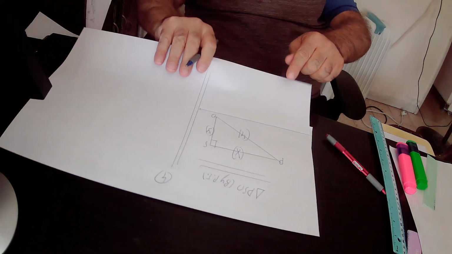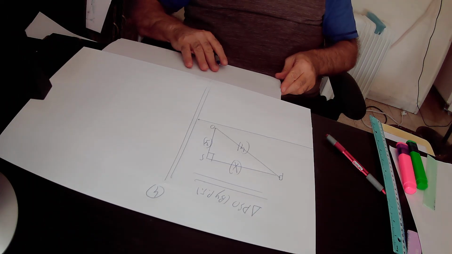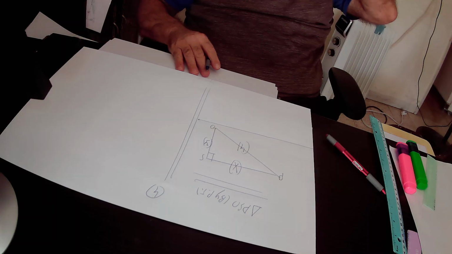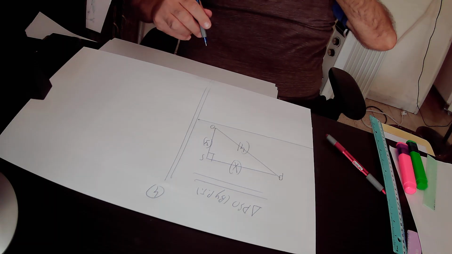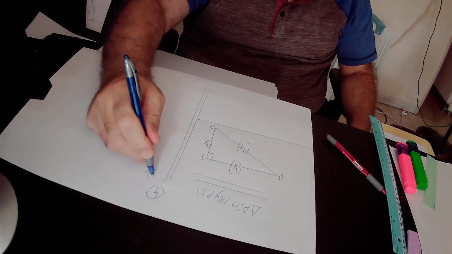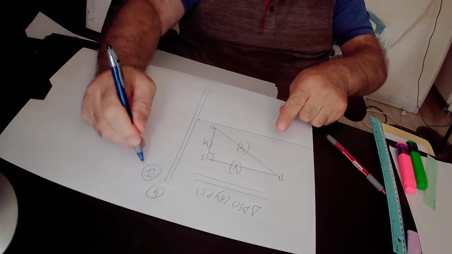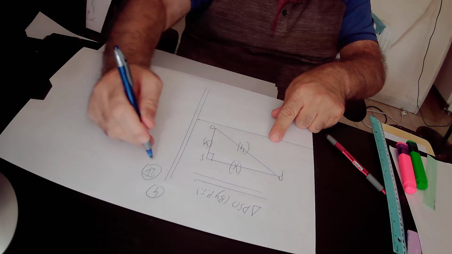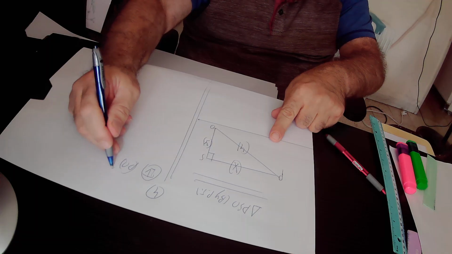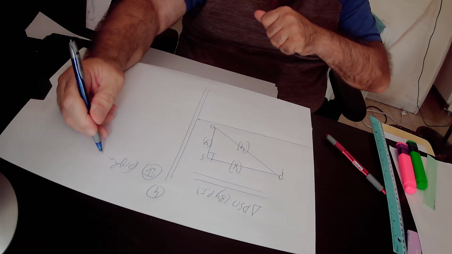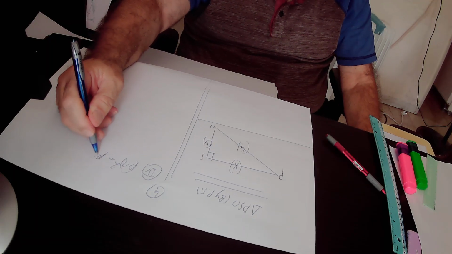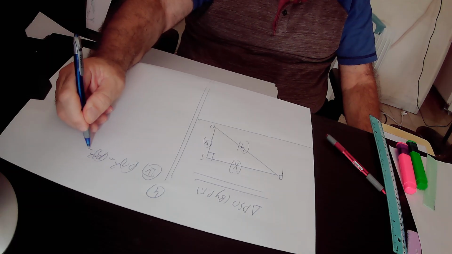So here, this is the right triangle PSO, copied from the original drawing. In this right triangle PSO, according to the Pythagoras theorem, PO squared, that is the square of the hypotenuse, equals PS squared plus SO squared.